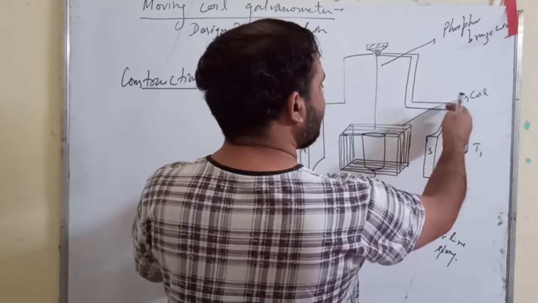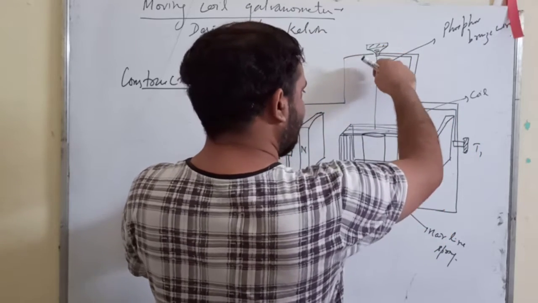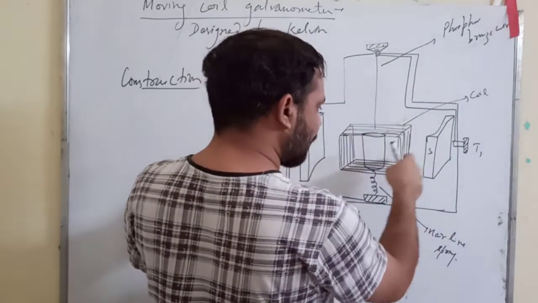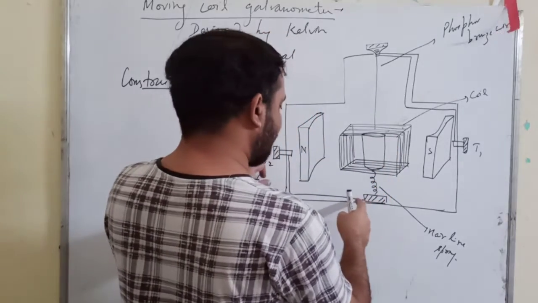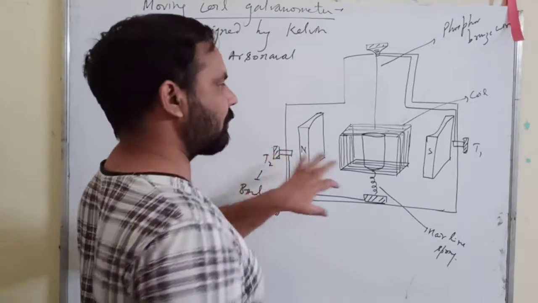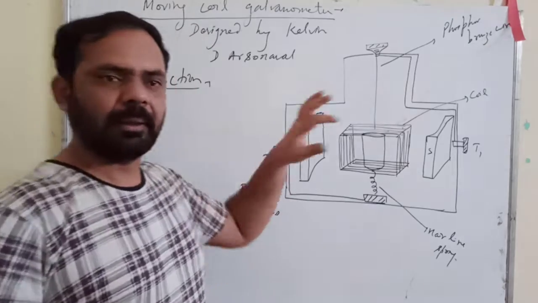Now the current will move like this, then it will pass through here, then flow through the coil, then through the hairline spring, and here it will come to T2. This way the circuit will be completed.